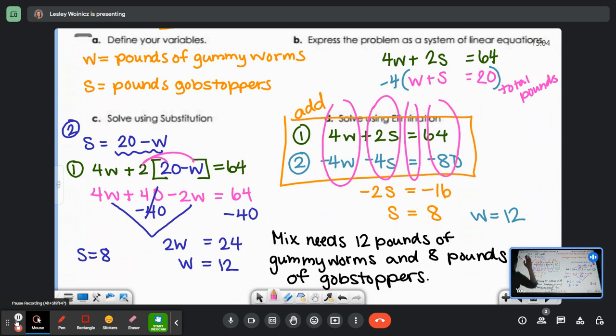Does everybody see that? For elimination to work properly, that's how you have to set up your problem. So if your variables have flip-flop spots, you got to rewrite it where they're in the right spots. Does that make sense?